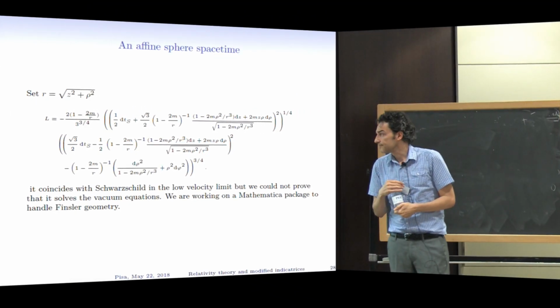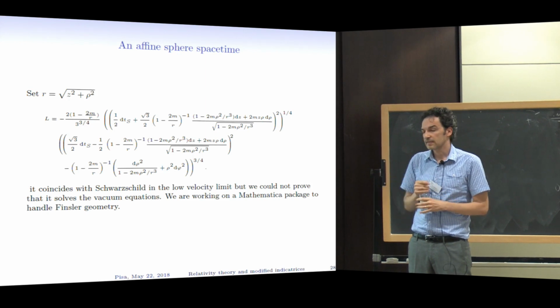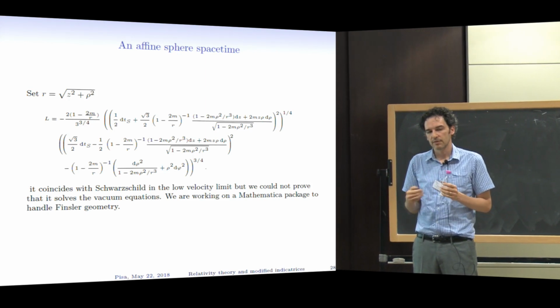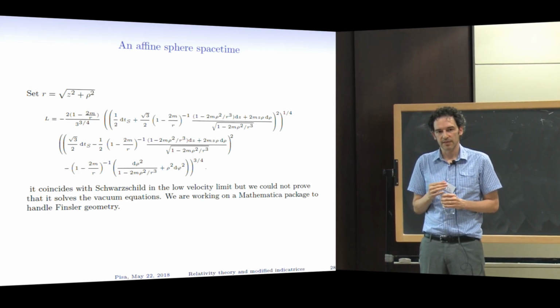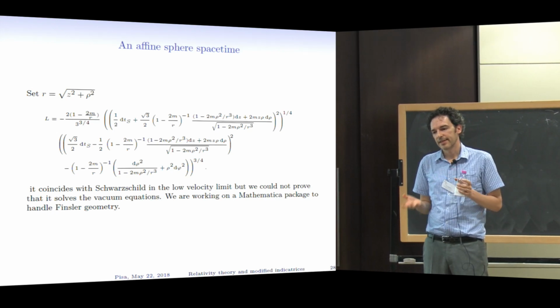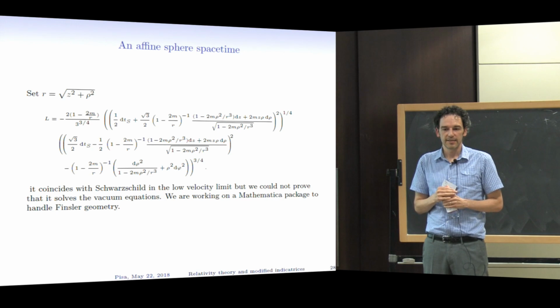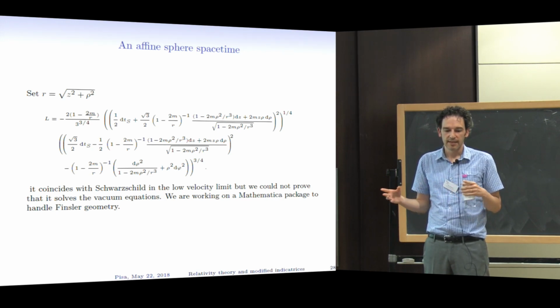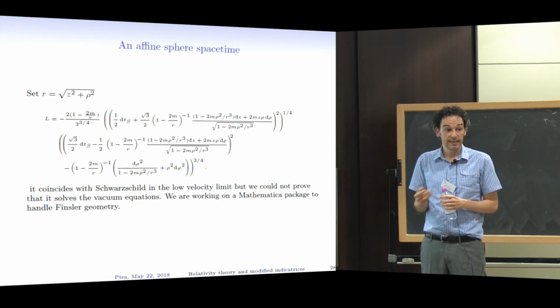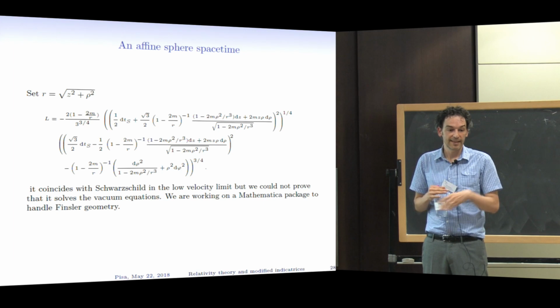This is a space-time constructed through the so-called Calabi product of affine spheres. That is, there is an operation. You can take products of affine spheres and get new affine spheres from old, and it's the basic operation through which you construct non-trivial affine spheres from known ones, because it's quite hard to solve the affine sphere equation.